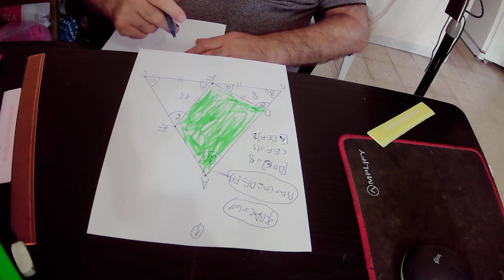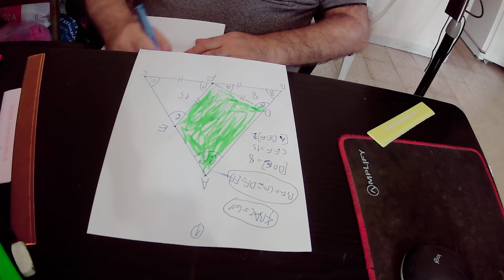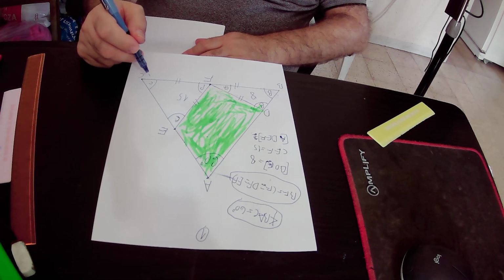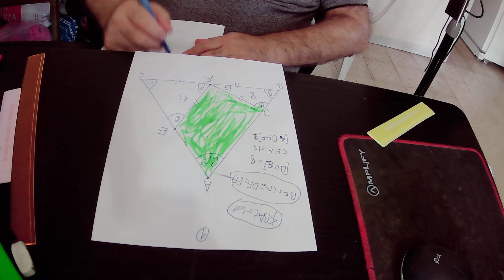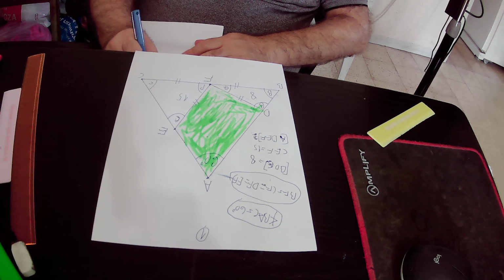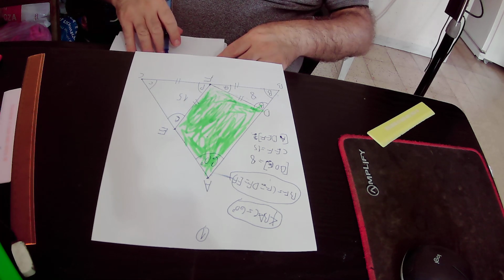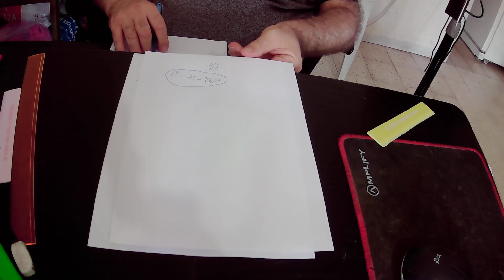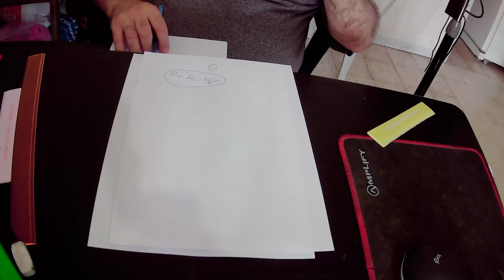That is to say, angle P plus angle C plus angle C must be equal to 180 degrees according to rule number 1. So P plus 2C equals 180 degrees.